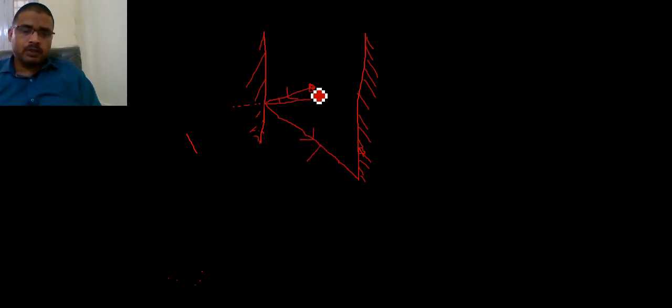The source is this, and if it strikes the surface of this mirror, then the angle between the normal and incident ray should be equal to the angle between the normal and reflected ray.